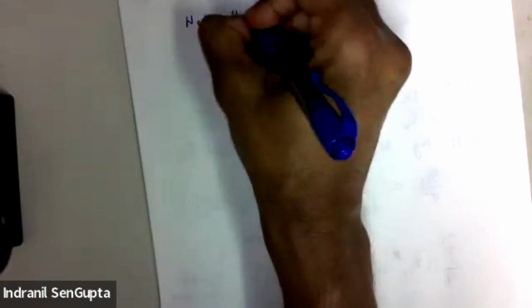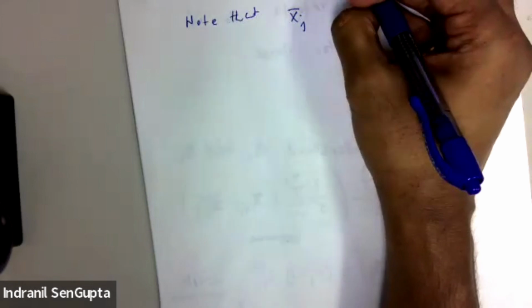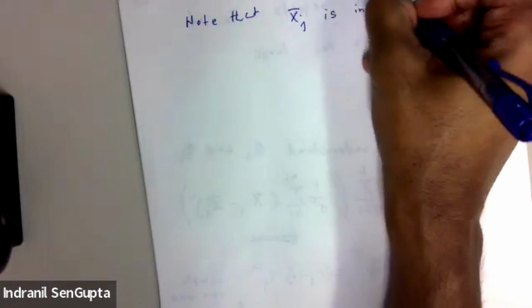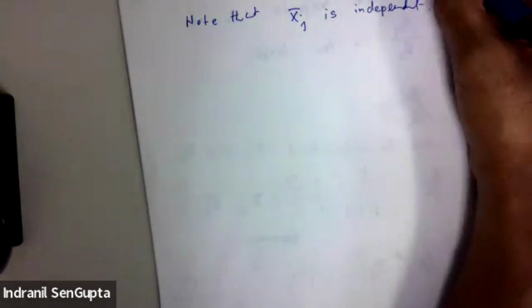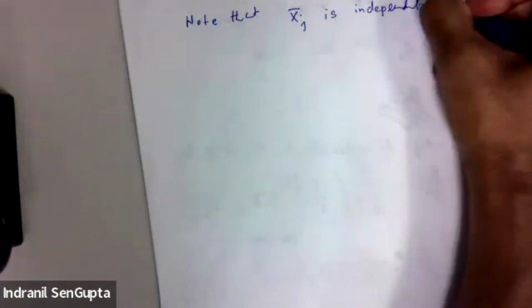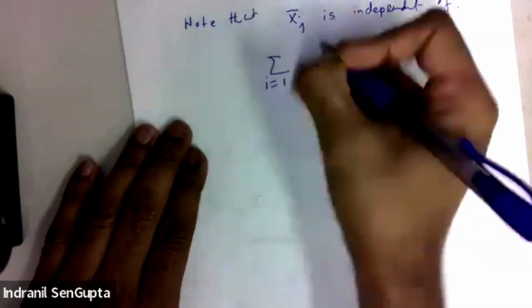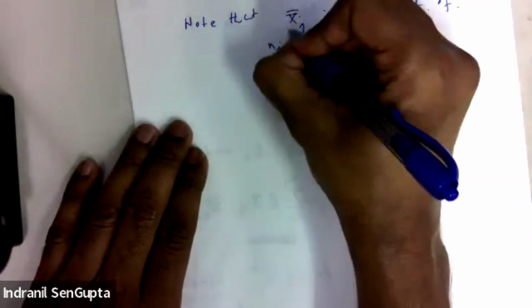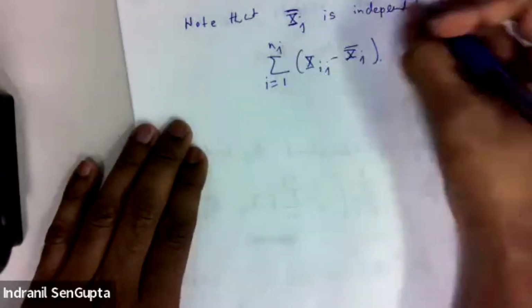Now, note that this X bar j is independent of the sum of squares like this one, the sum over i from 1 to nj of X_ij minus X_j bar squared.